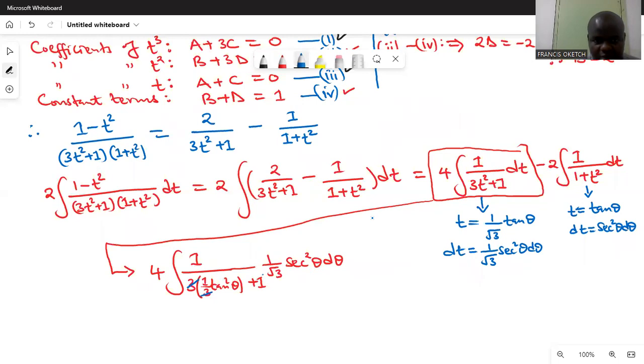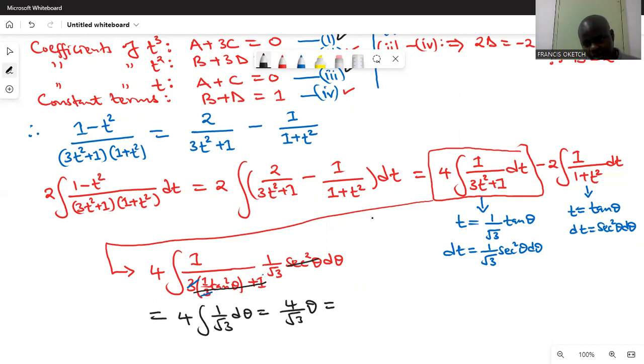So the whole of this will cancel with the sec squared theta to give us 4 times the integral of 1 over root 3 d theta, which is simply 4 over root 3 theta.